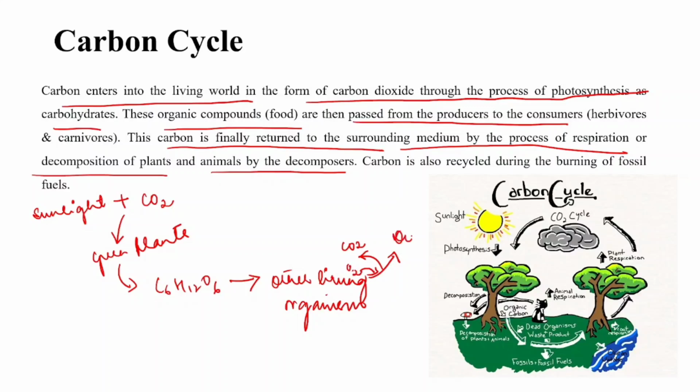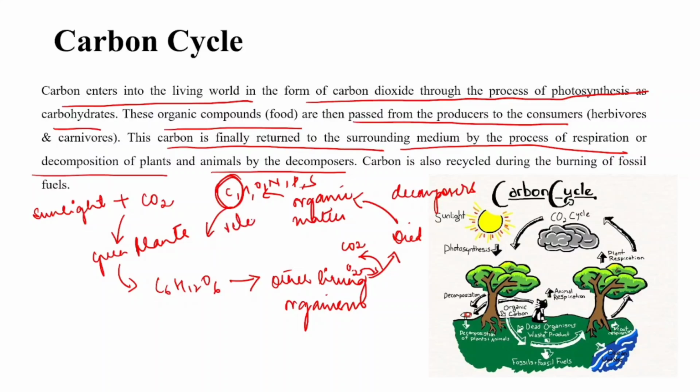And when they die, the decomposers act on their body, which is made up of carbohydrates and fats, and convert this organic matter back to carbon, hydrogen, oxygen, nitrogen, phosphorus, sulfur. Again carbon is released back to the environment.